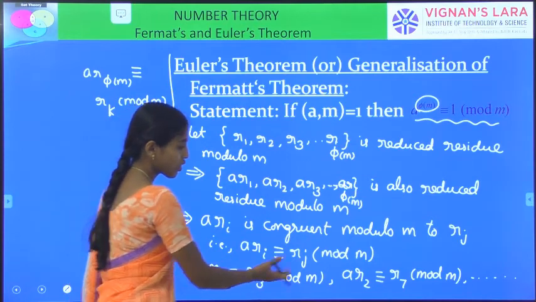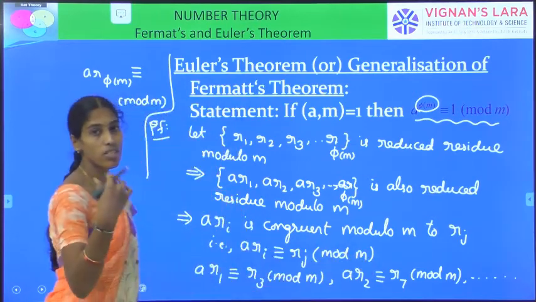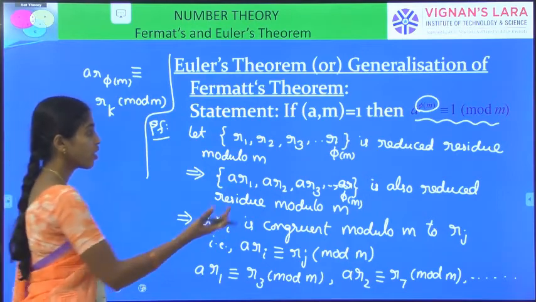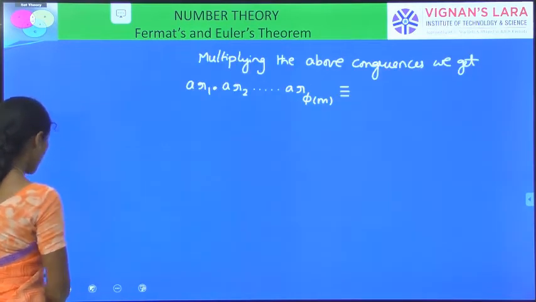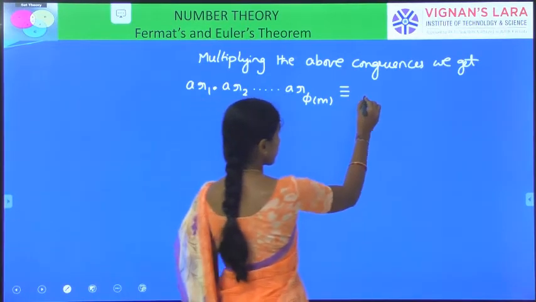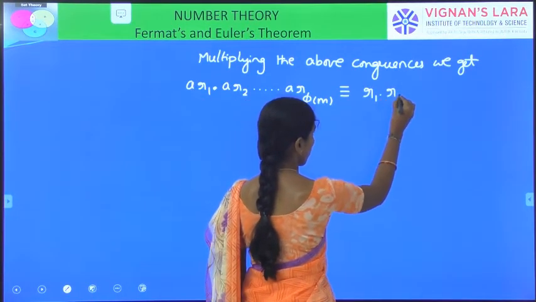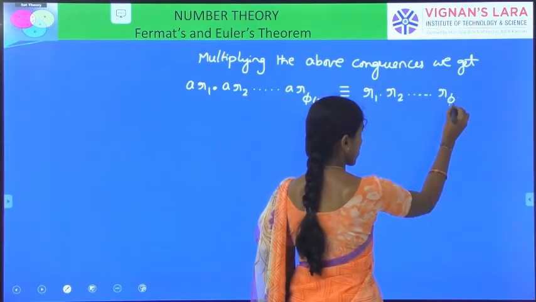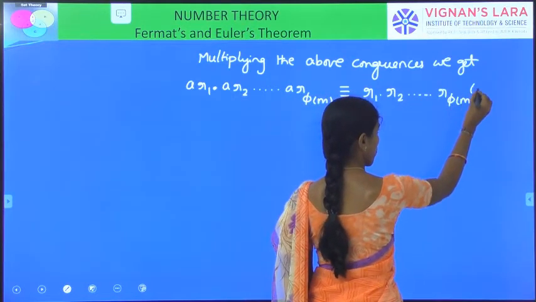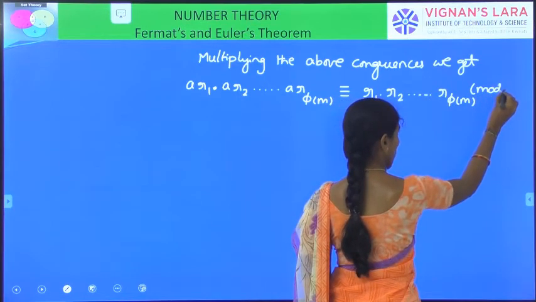Here R3 is covered, here R7 is covered, somewhere R1 is covered, somewhere R phi of m is also covered. So on the right side we get R1 into R2 into so on, R suffix phi of m modulo m.